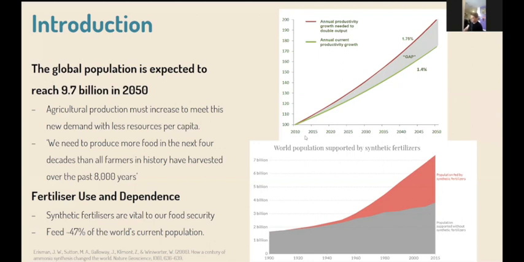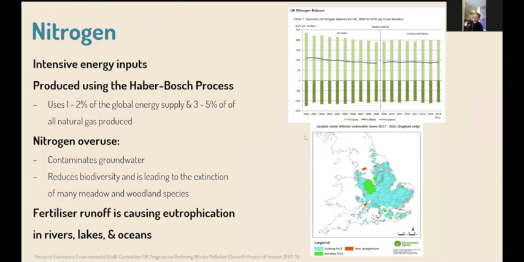So I'll talk briefly about them and how they're used currently in conventional agriculture. Nitrogen is a big one, the main component of most fertilizers. It's incredibly energy intensive to produce. It's produced using the Haber process, where nitrogen is pulled from the air and produces ammonia, usually ammonium nitrate, that we spread on fields.